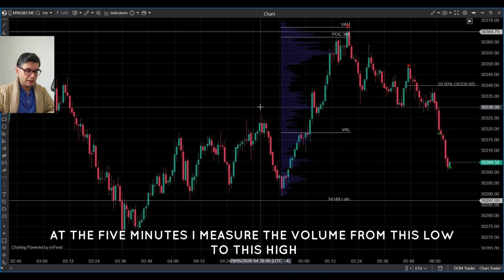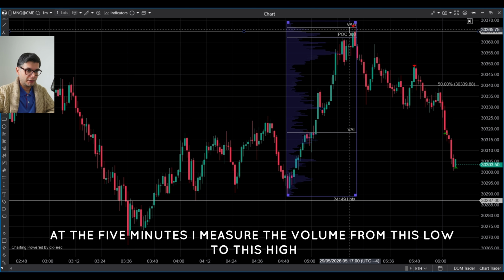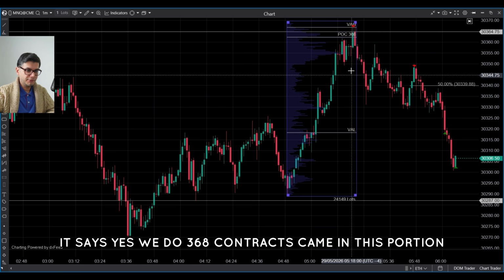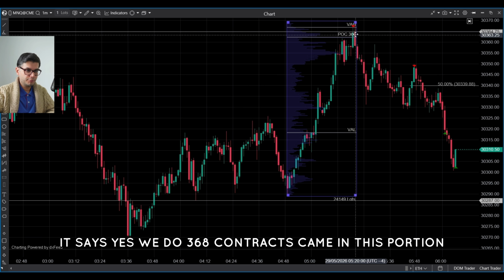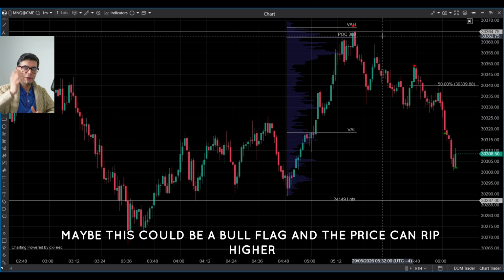Okay, at the 5 minutes I measured the volume from this low to this high. I want to know if we have a ton of orders coming at the highs. It says yes, we do. 368 contracts came in this portion, but we are not sure. Maybe this could be a bull flag and the price can rip higher.